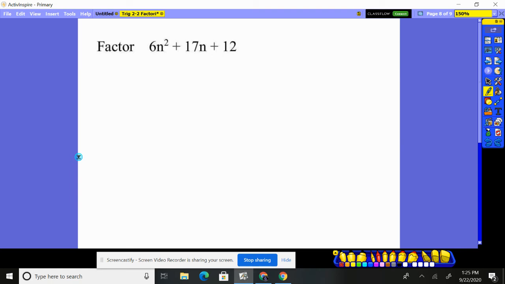Okay, we got a lot of possibilities here because for 6, notice there's 1 times 6 and 2 times 3. For 12, 1 times a 12, 2 times a 6, 3 times a 4. Then notice we're going to pair this 1 and 12 up with the 1n and 6n, but then we're going to have to flip them. So that's going to give us 2. And then I'm going to do that with the 1 and 6, and then flip them.